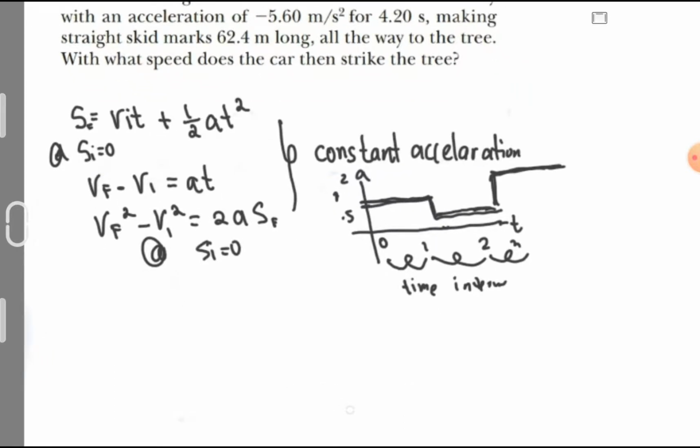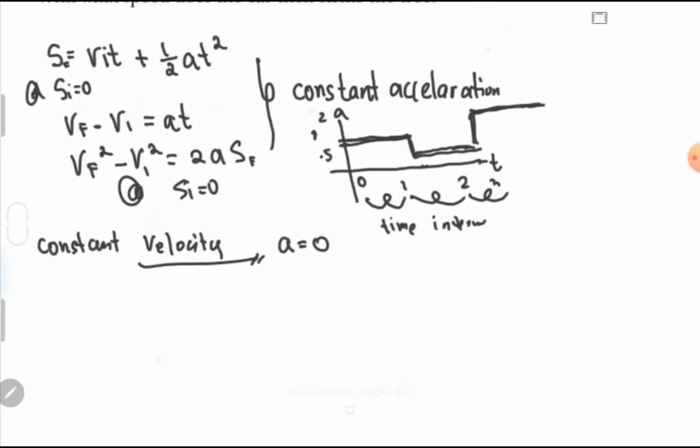So another thing to remember is that if you have a constant velocity, ano mangyayari sa acceleration nyo? Pag meron kayong constant velocity, yung acceleration nyo must always be equal to 0. Bakit? We all know that A is equal to dv over dt.